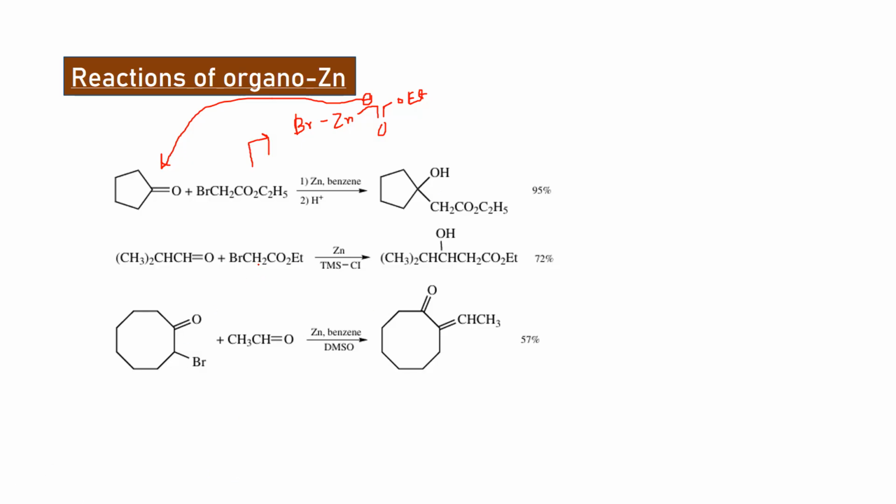Similarly, in this case, the same thing will happen. Zinc will insert into this carbon halogen bond, and after that this nucleophilic species will attack this carbonyl compound, forming this alcohol as our product. In this case also, what will happen if you add zinc to this halogen complex?